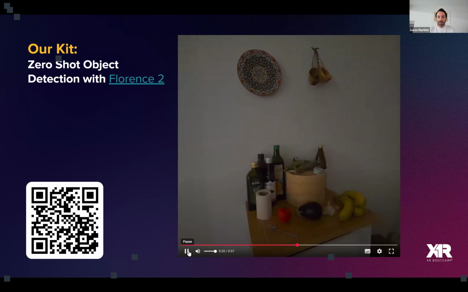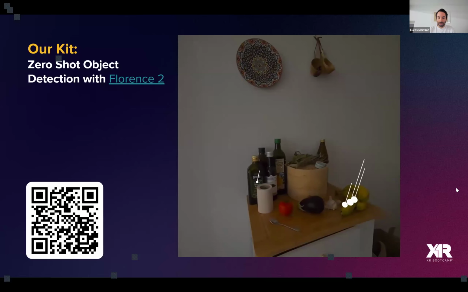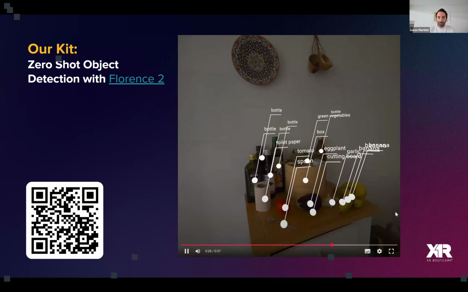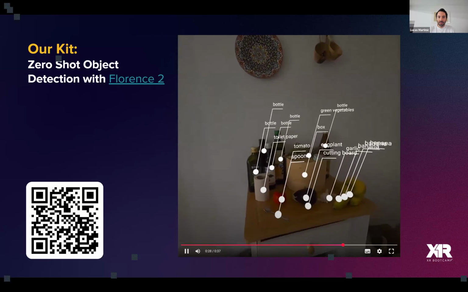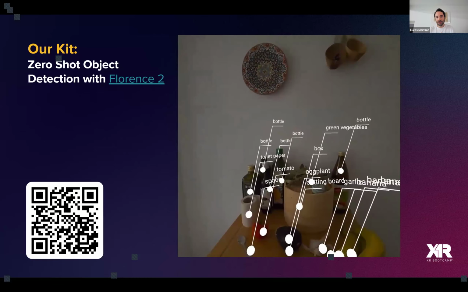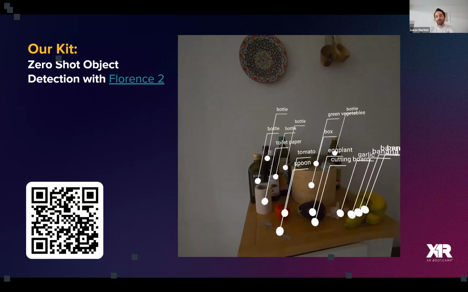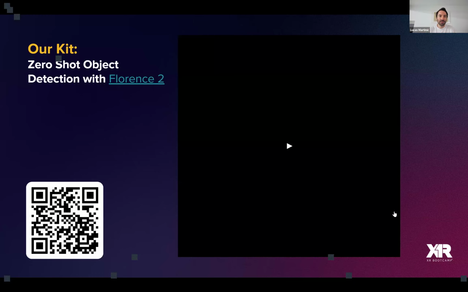Now, of course, this model was made for 2D images or 2D video. So what we are providing you also in these kits are the ways where you can transform this information from 2D to 3D, which is the other big part of all these implementations.